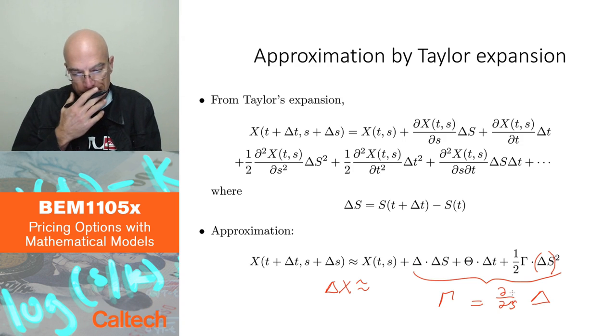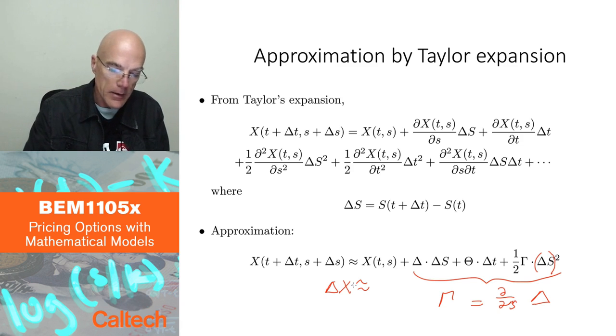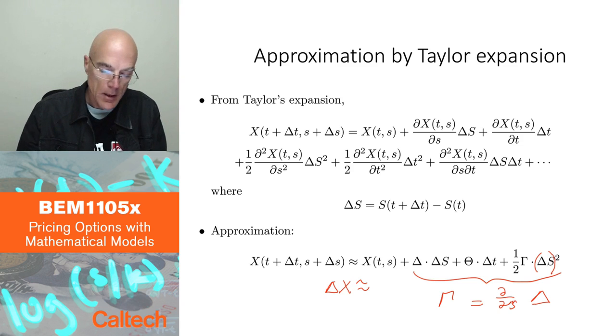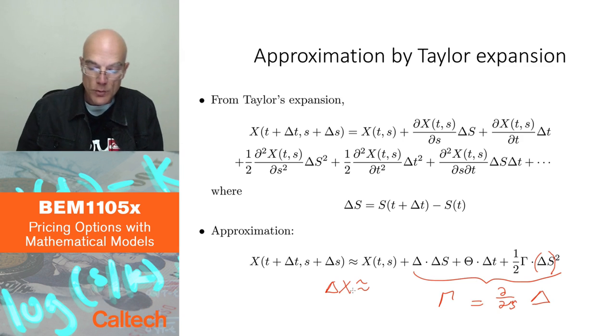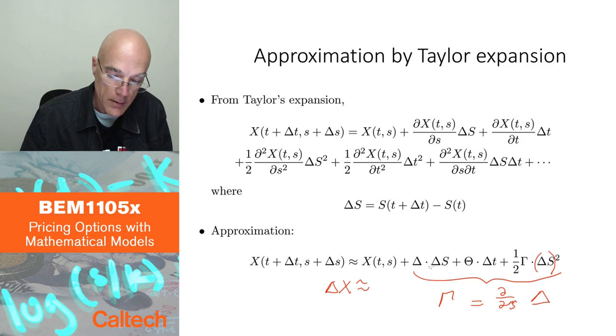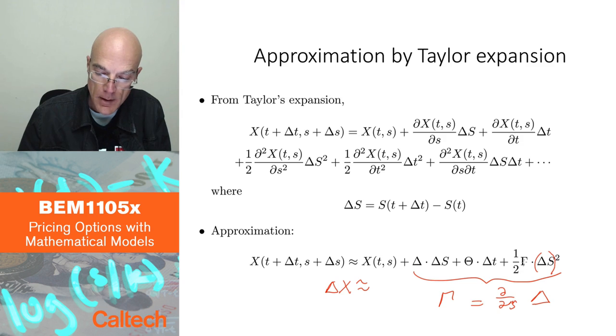All right. So if you are very risk averse and you don't like risk, you would like the change in X to be approximately 0. And you could do that, if you can, by having delta close to 0, theta close to 0, and gamma close to 0.